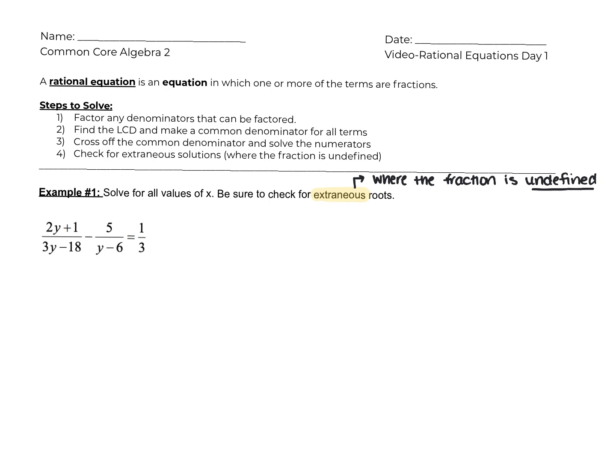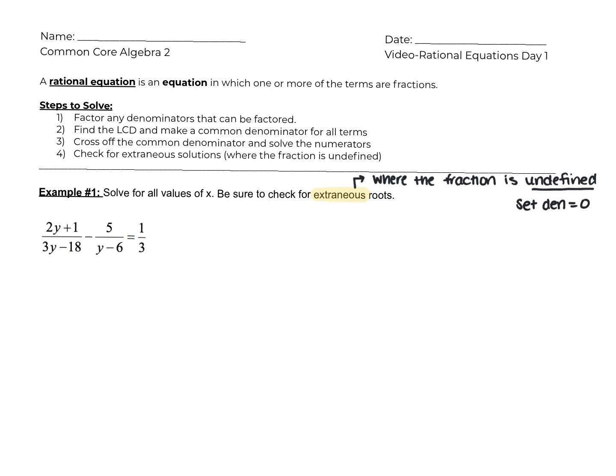And remember, the word undefined means where we set the denominator equal to 0 and solve. So what we could do before we do the problem is find these extraneous solutions first, and then if we get them, just reject them at the end.